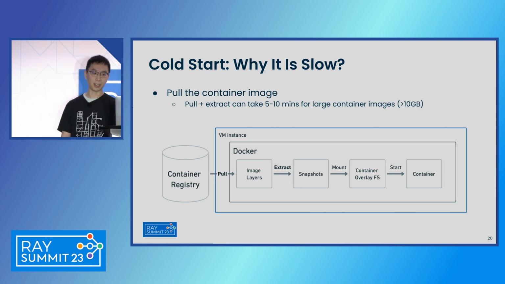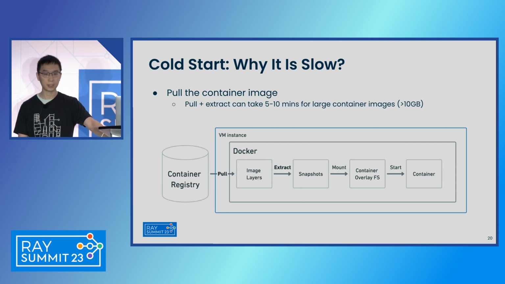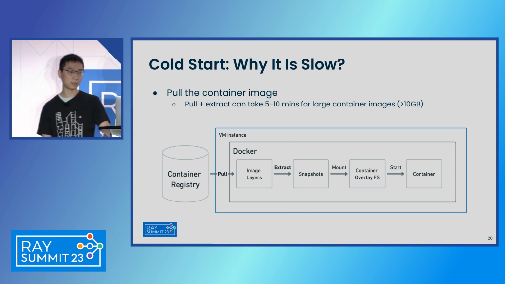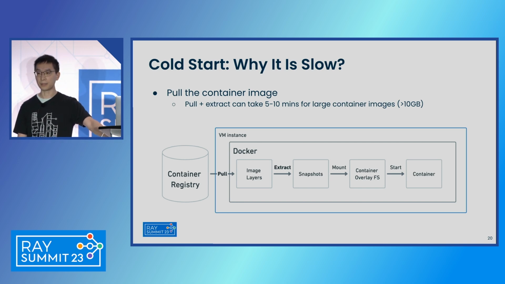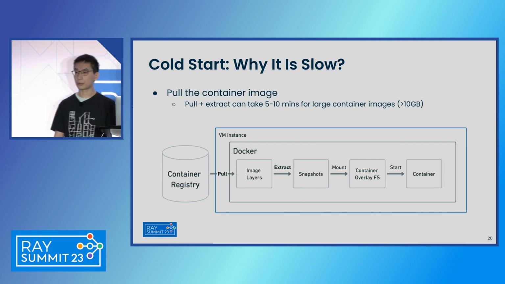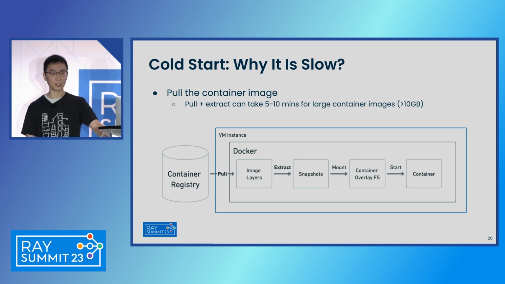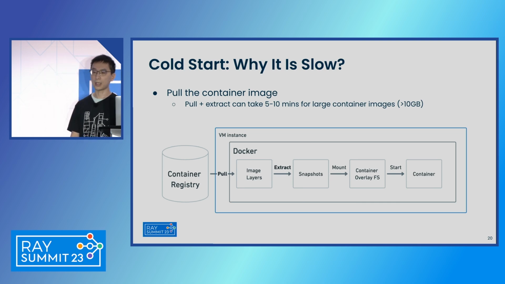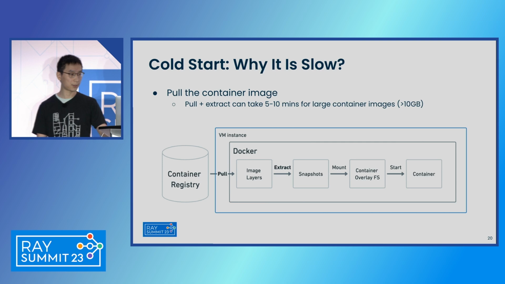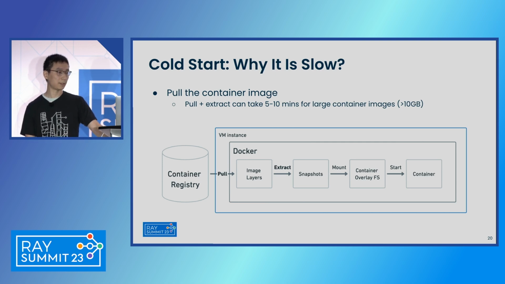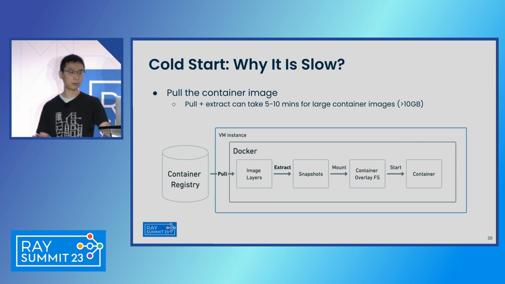Then there's an extraction step, which extracts each image layer into snapshots. Then we mount the snapshots into the container file system, and eventually start the container process. Our users usually use very large images because they install various Python packages, and these can be more than 10 gigabytes. So this pulling and extraction process can take up to 5 to 10 minutes or even longer.